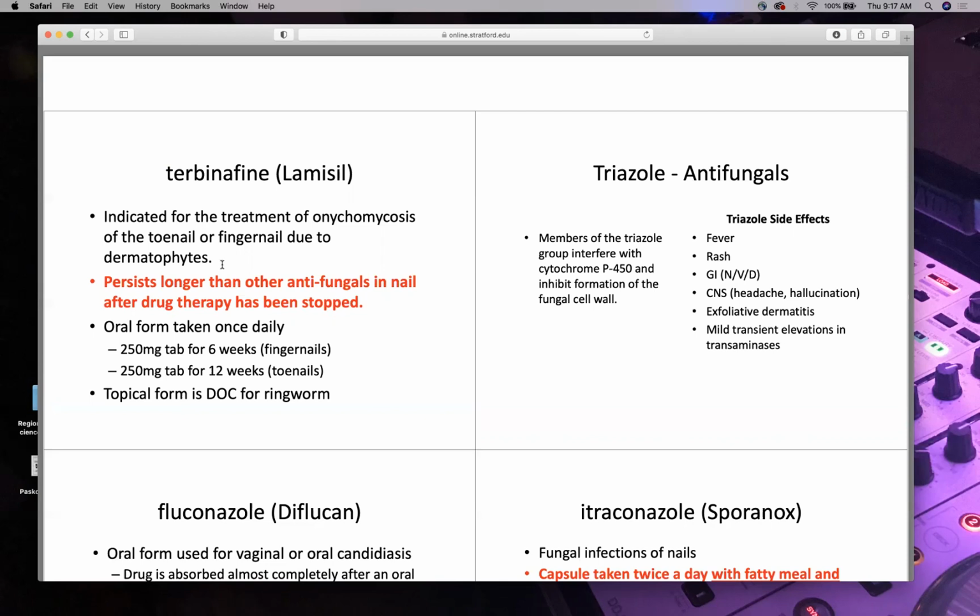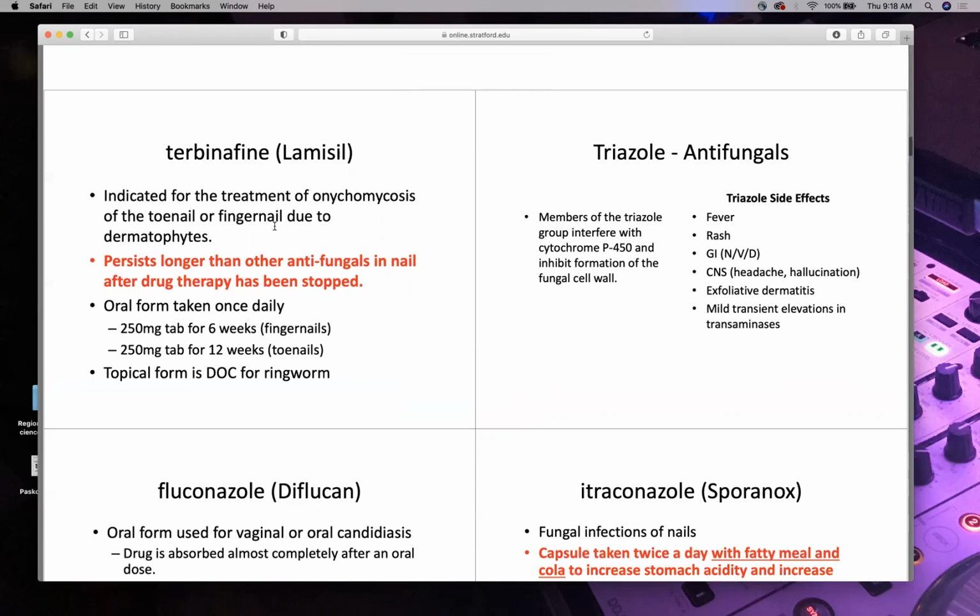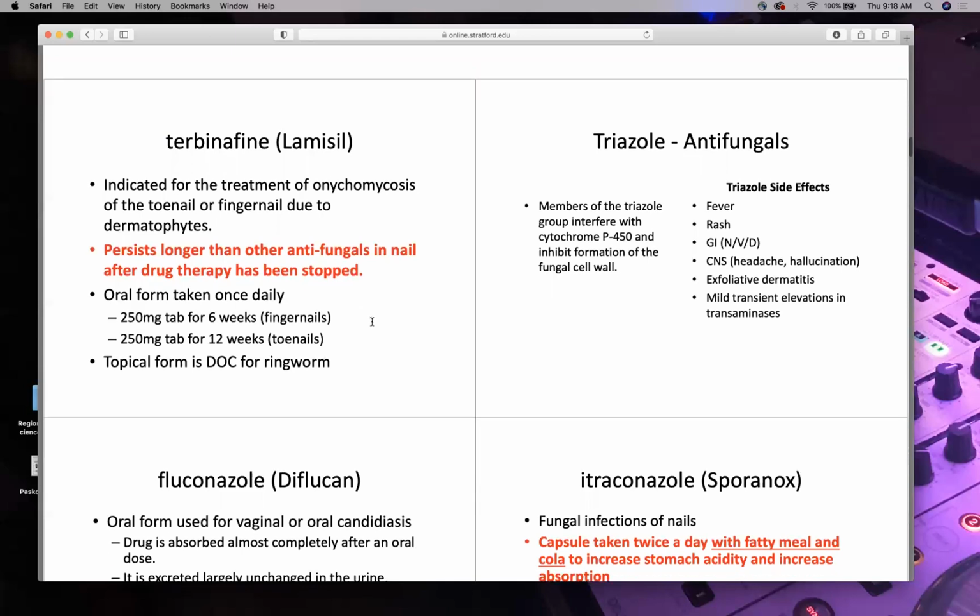Well, dermatophytes, if it's not a clean place, under your fingernails and in between your fingernails, you can have onychomycosis, and we use terbinafine for that. Okay.